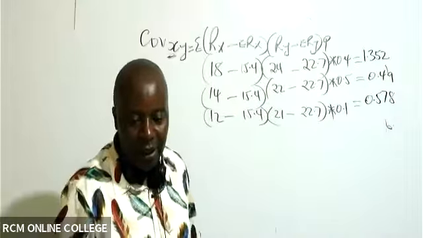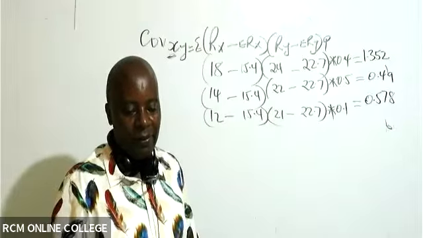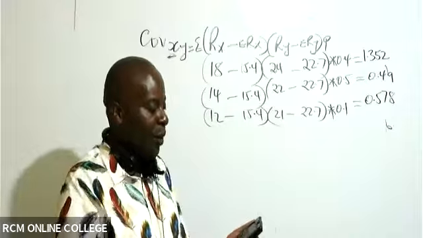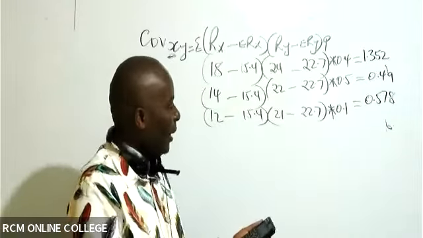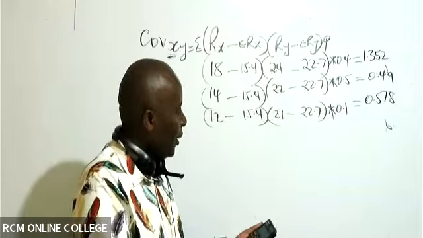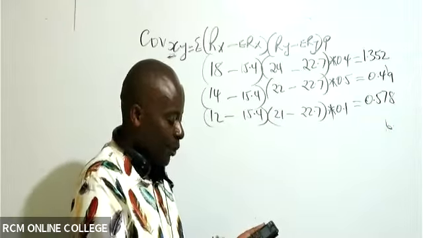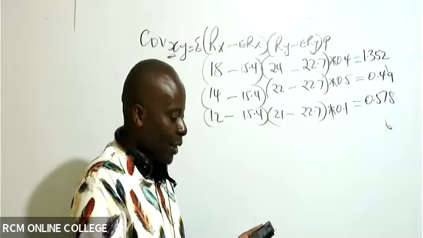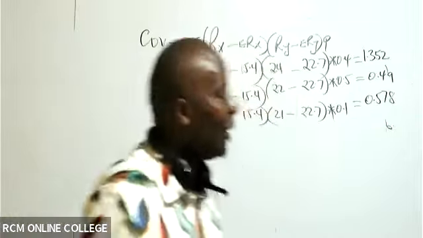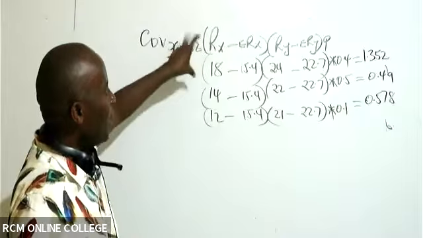The third one is 0.578. Let's confirm the third one: 12 minus 15.4, close, times, open, 21 minus 22.7, close, times 0.1, equals. I'm getting 0.58. Thank you so much. And you can see this is not expected; this is sigma for summation.